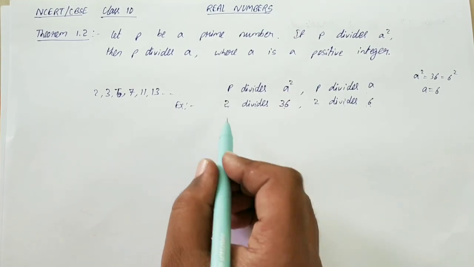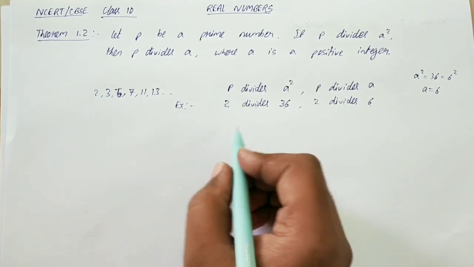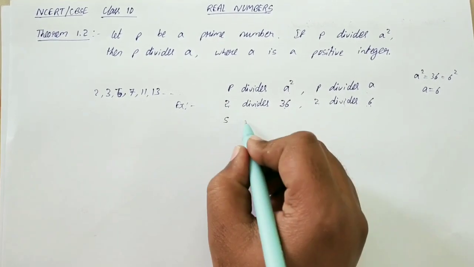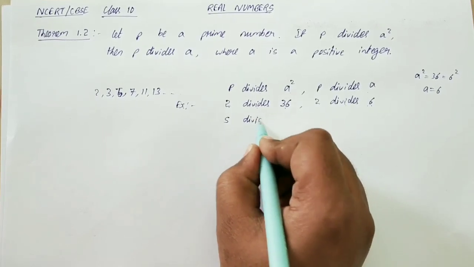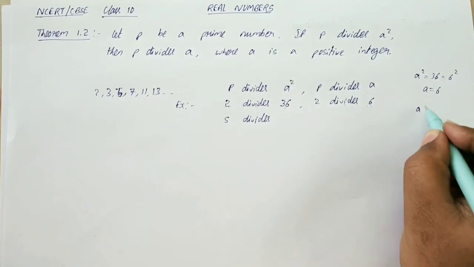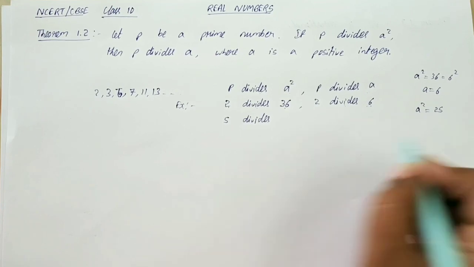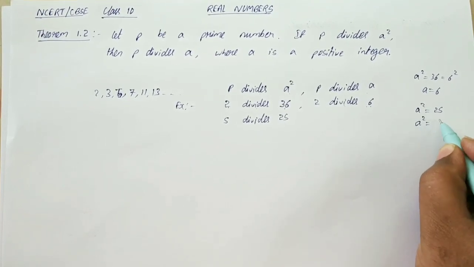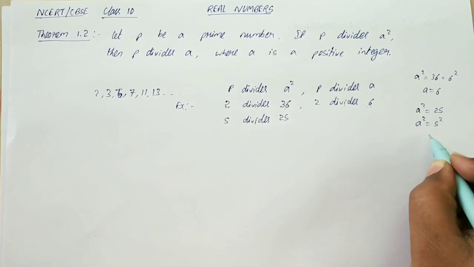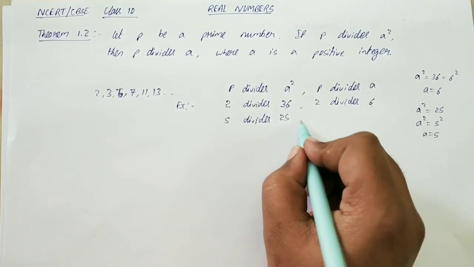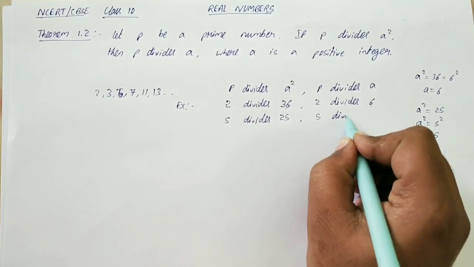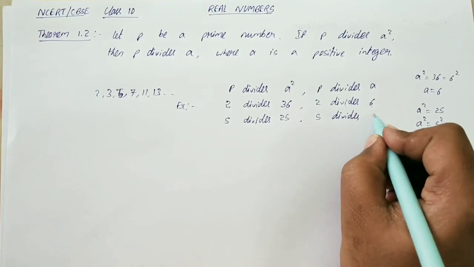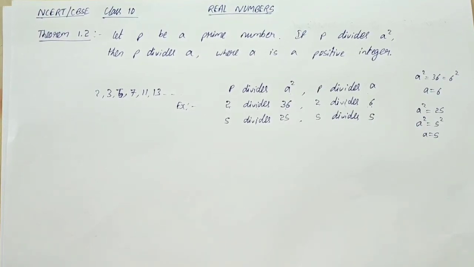We can take one more example. Let us take one more prime number, 5. If 5 divides A square, we'll take A square as 25. Then what is the value of A? If A square is equal to 25, then the value of A is 5, right? Then 5 divides 5 also, right? This is the statement they have given.